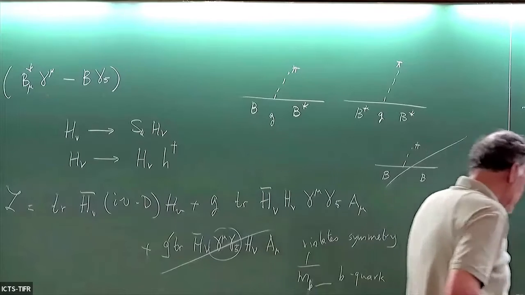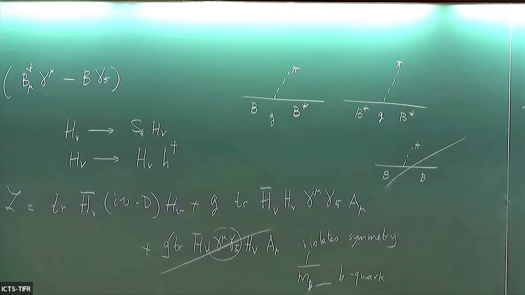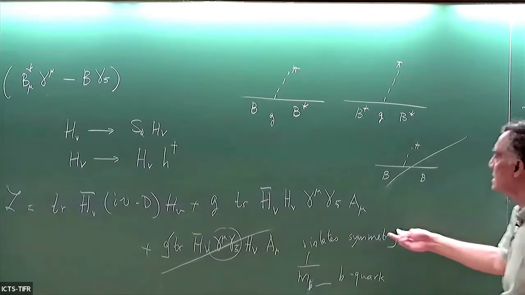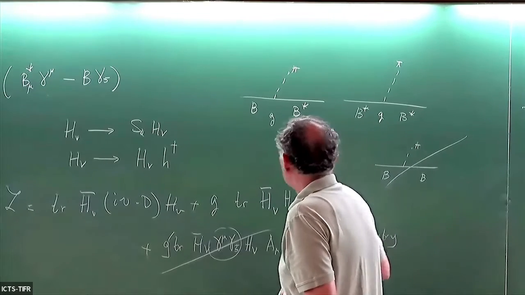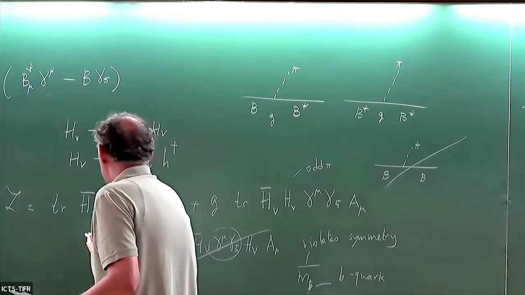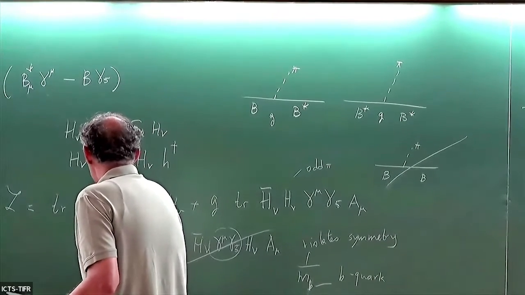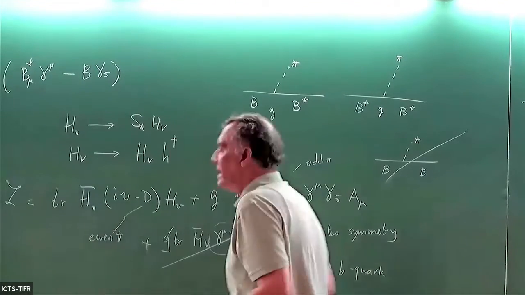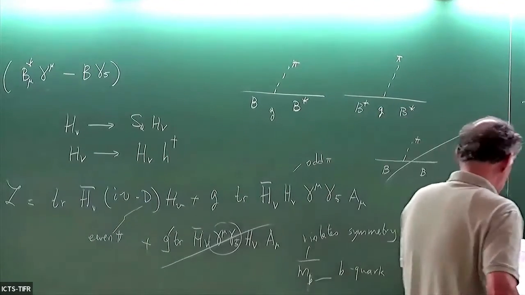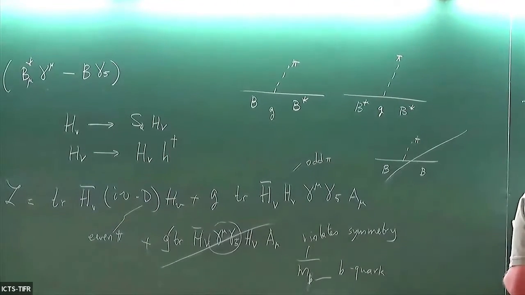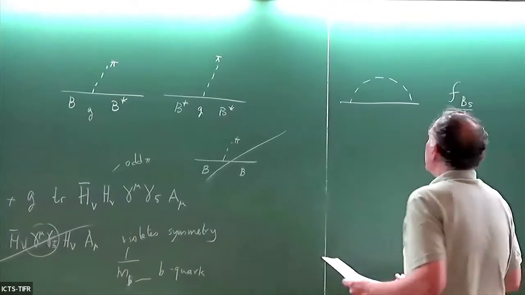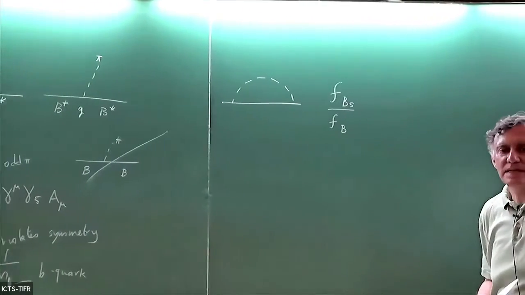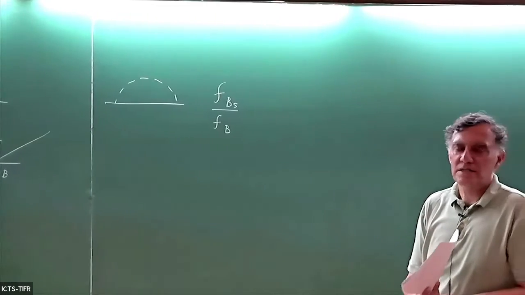So I don't want to do the details of the calculation. Now you take this Lagrangian. This will have odd numbers of pions in it. This will have, from the V_mu term, even numbers of pions in it. And then you can calculate stuff like this and SU(3) breaking. Some of the things people have done is calculate the ratio of the SU(3) breaking in the B_s versus the B decay constants.